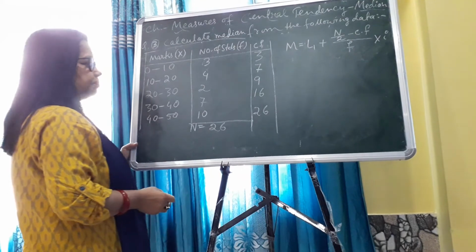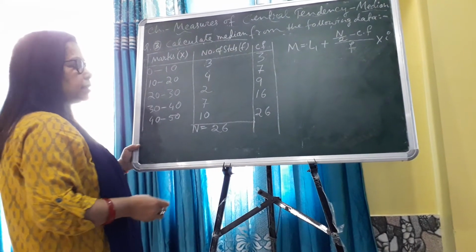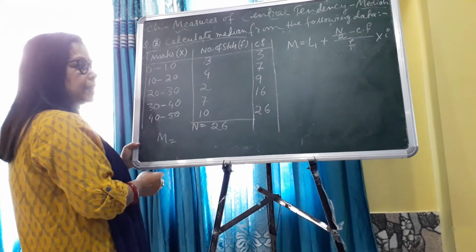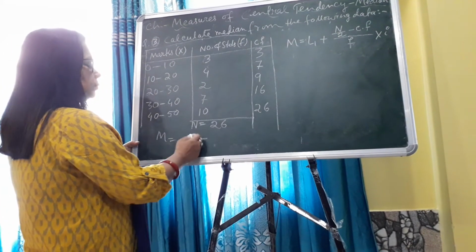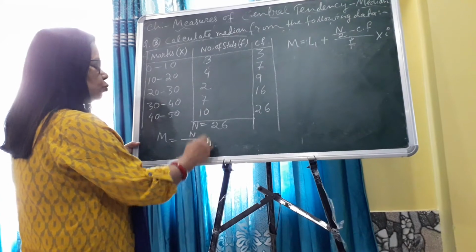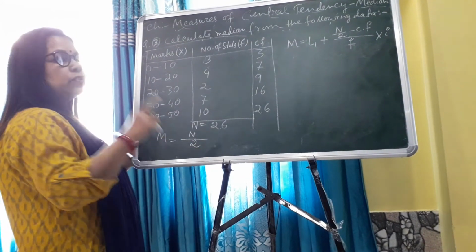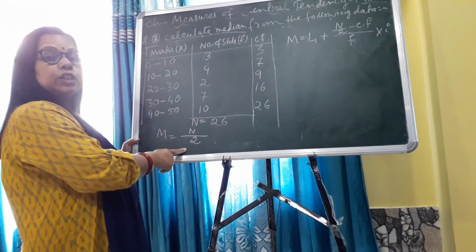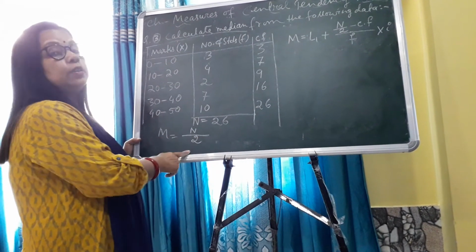Now next you have to first find the item M, the size of item n by 2. In continuous series you have to keep in mind only n divided by 2, not n plus 1 divided by 2.